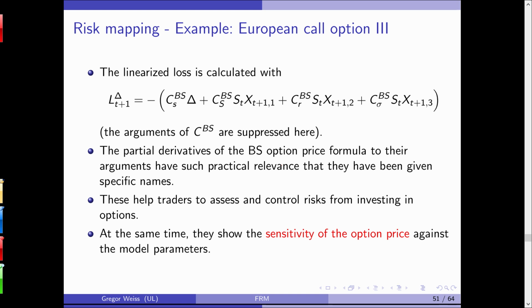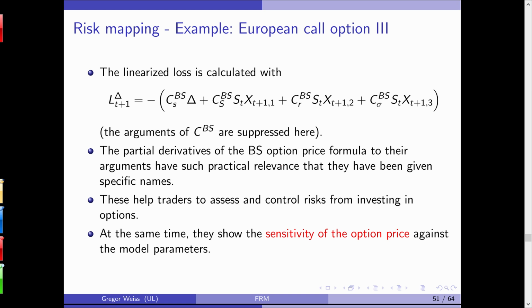In German also Griechen. The partial derivatives of the Black-Scholes and Merton pricing model have special names, and they are, for example, do you know them? How are they called? The last one's called the option Vega. It's options Vega. It's not a Greek letter, nevertheless it's considered to be Greek.